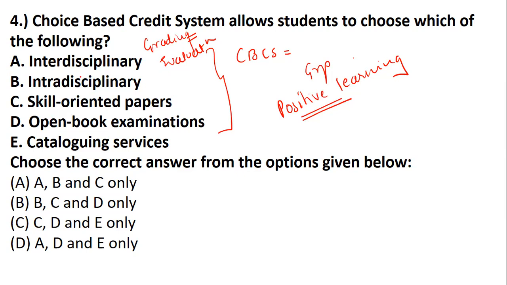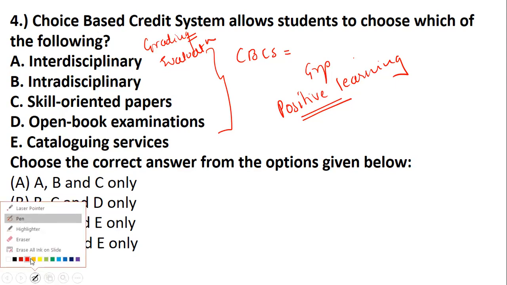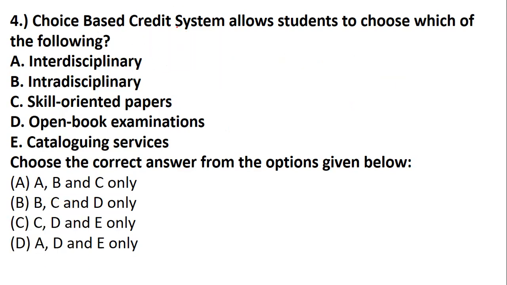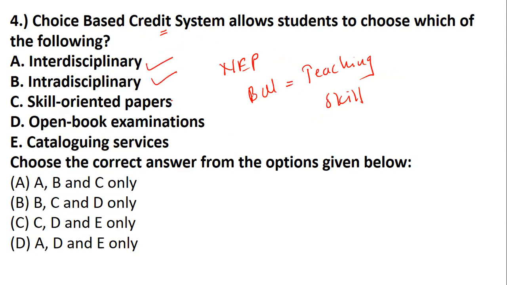Let me tell you, if anyone of you is not aware of this, the entire question is framed on that one statement. Choice-based credit system was introduced as a vision of the new education policy, basically to balance between teaching and skills. So if you see interdisciplinary, intradisciplinary, and skills, definitely it was a balance. So definitely this selection will be out of these three. And it is the approach in order to bring a learner-centric way of development.